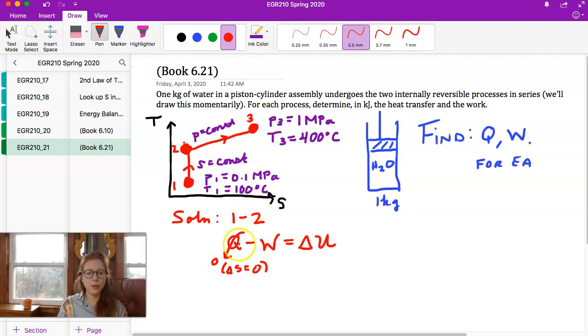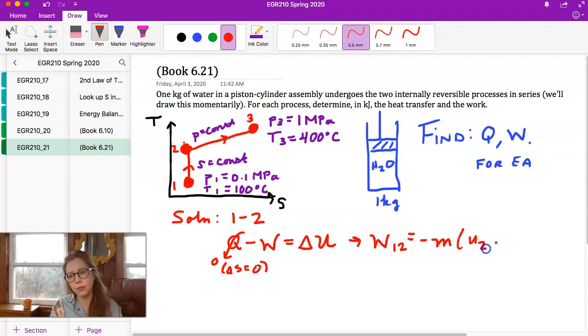All right, so we end up with minus W equals delta U. So work for process 1 to 2 is going to equal minus M times U2 minus U1, or just M times U1 minus U2.